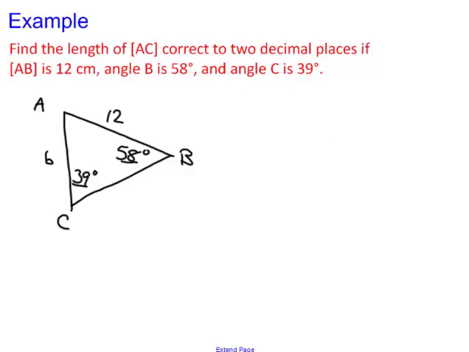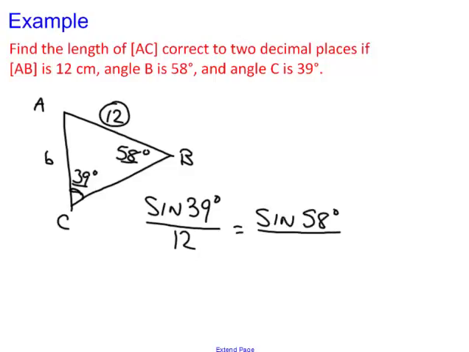So in this one, we can say the sine of 39 degrees over 12, it's the sine of angle C over side C, with angles and sides across from each other, 39 over 12, equals the sine of 58 over side B. So notice with that proportion now, we can solve for B. If I'm going to solve that one for B, we could start by cross multiplying.